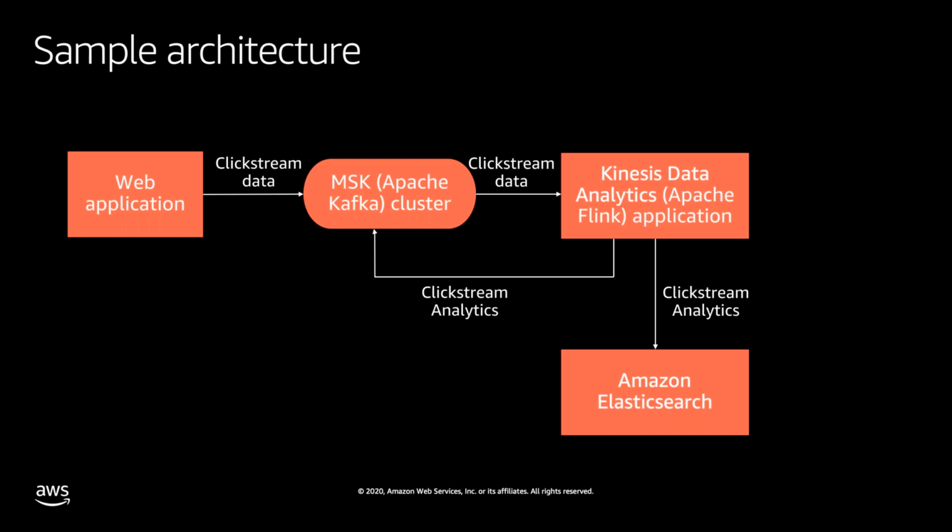Those events are then being processed by an Apache Flink application running on Amazon Kinesis Data Analytics for Java. This app then applies a number of transformations and generates a number of analytics on the incoming event stream and sends them to other topics in the same Amazon MSK cluster, while also sending them to an Amazon Elasticsearch cluster that is visualized using Kibana.